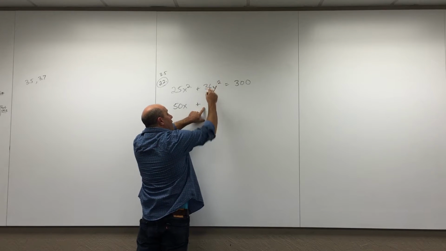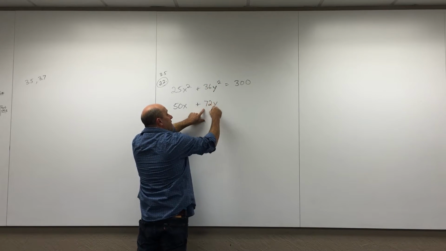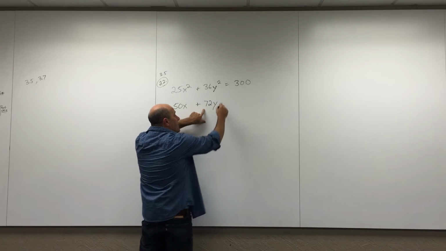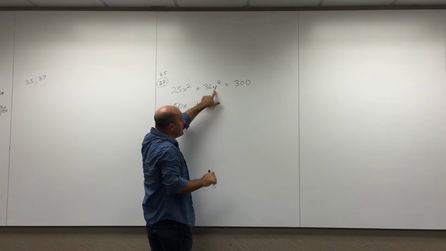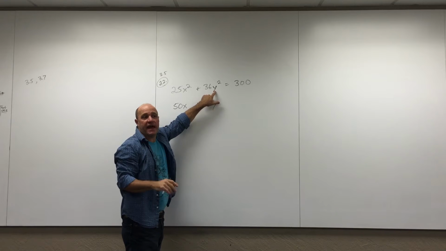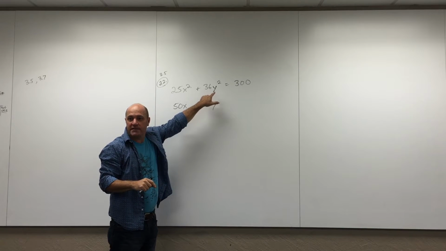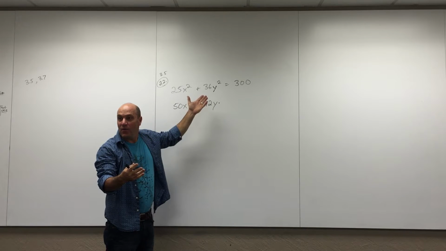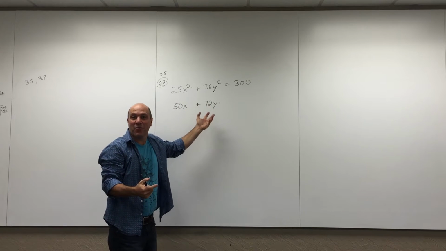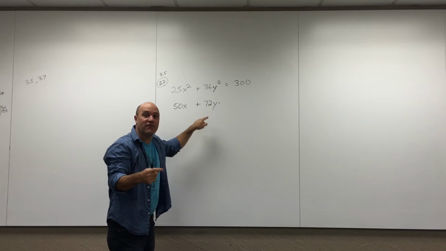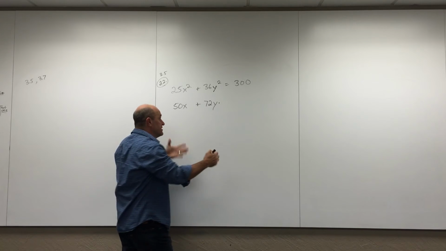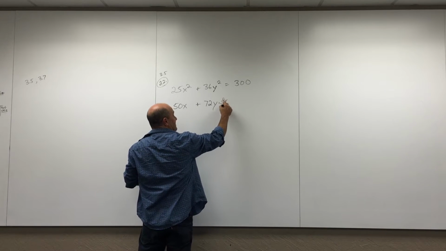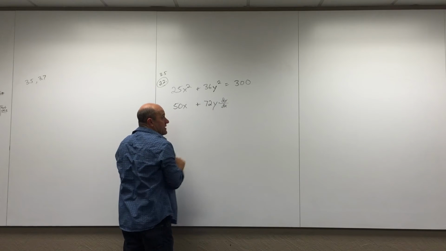So you do the power rule, 72y, but then you multiply by the derivative of y with respect to x. It's almost like a chain rule concept, but it's an implicit derivative. At the end of the y term, you write the derivative of y with respect to x, which is dy/dx, or y prime.